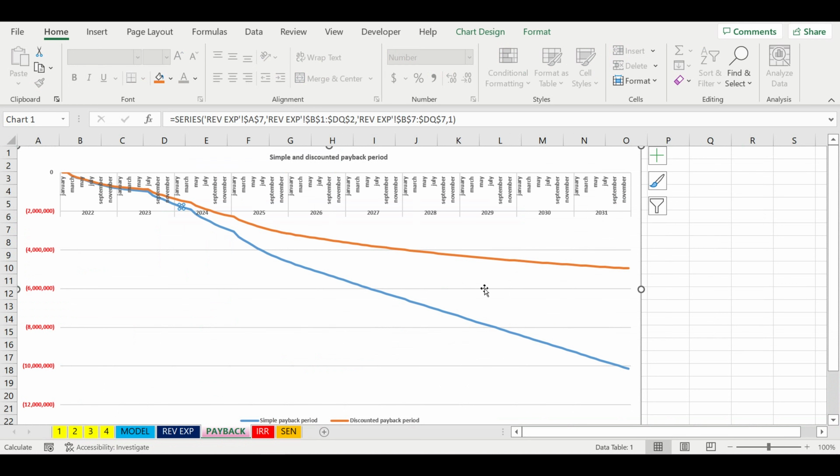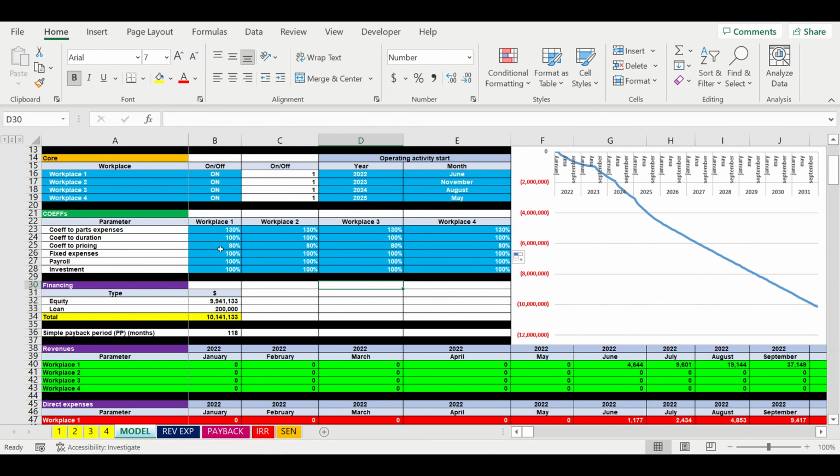So we can see that this scenario is negative, so our business idea is not so stable as we can see.